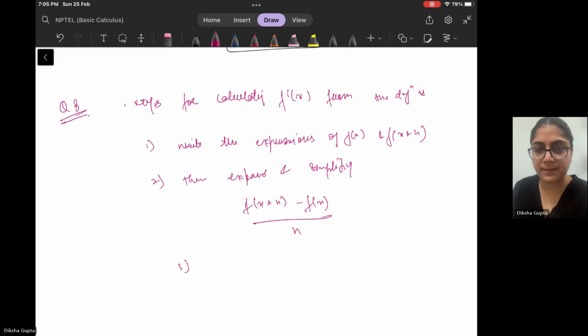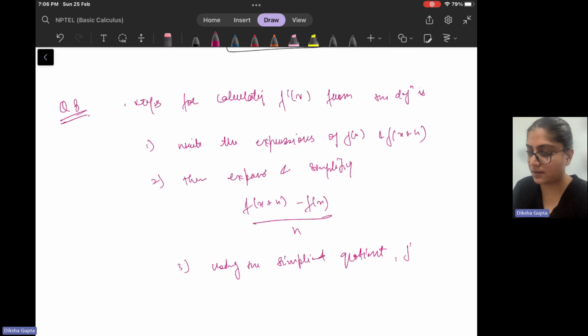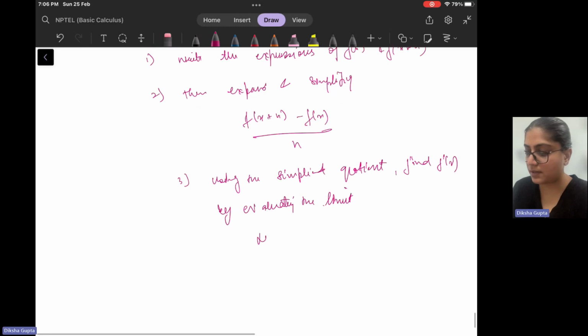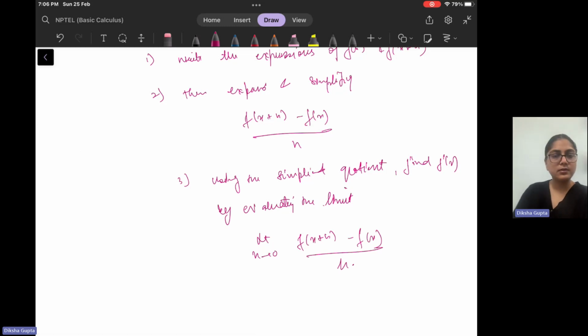Then third, using the simplified expression above, find f dash x by evaluating the limit h tending to 0 of f of x plus h minus f of x upon h.